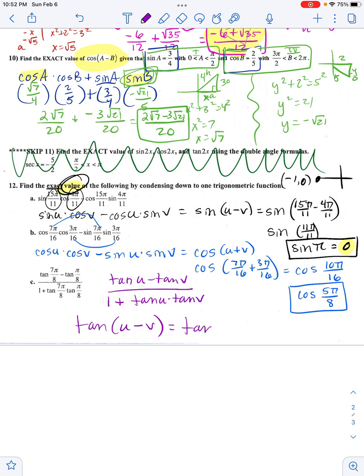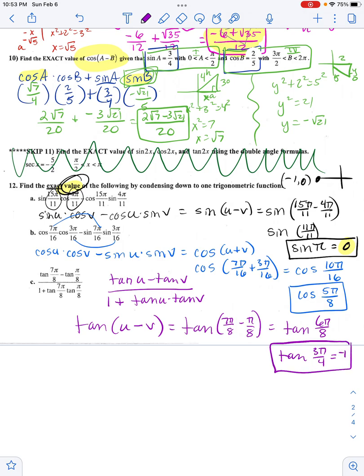And in this case, my one thing is 7 pi over 8 minus the other, which is pi over 8. So I end up with the tangent of 6 pi over 8, which reduces to 3 pi over 4. I go to my unit circle. This one I can look up, and my answer is -1.